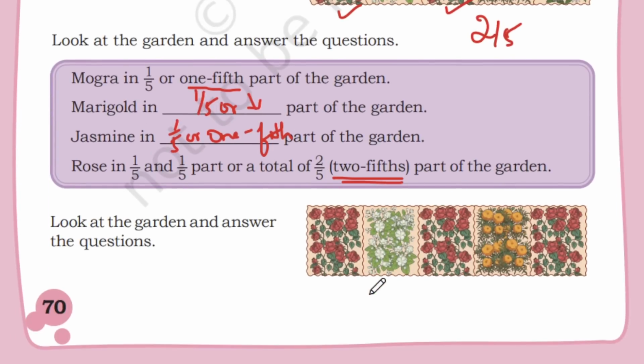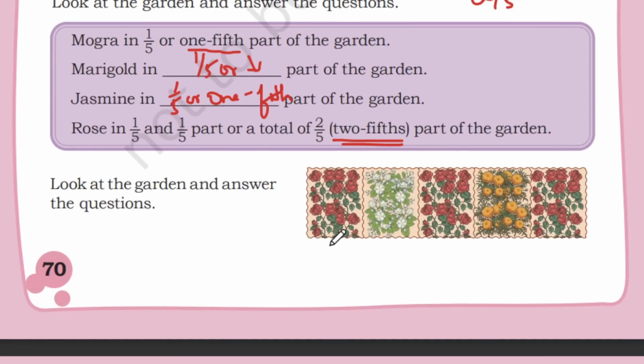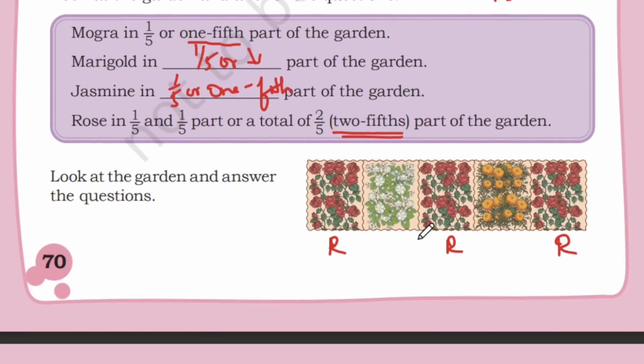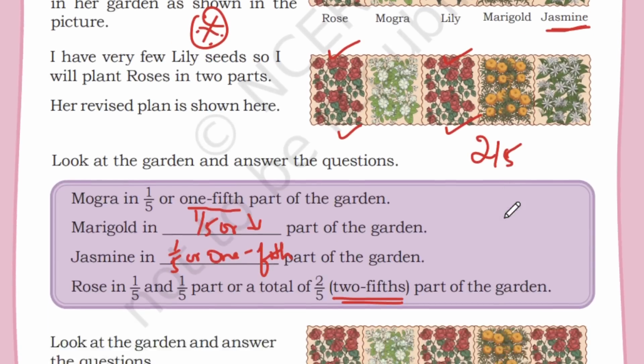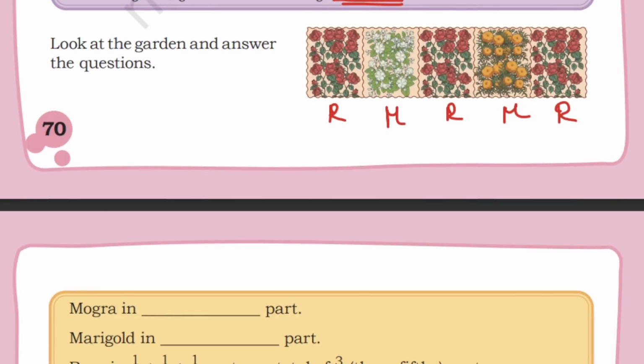Okay, look at the garden and answer the question. So now look at the garden here. We have rose here, again here we have rose, and this white flower is moringa, and I think this is marigold. Okay, so now we have questions.